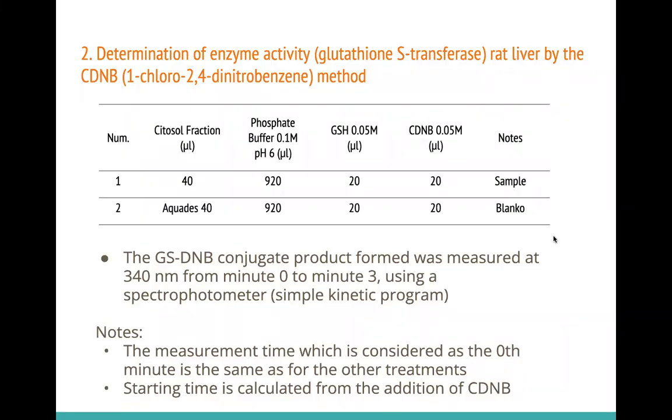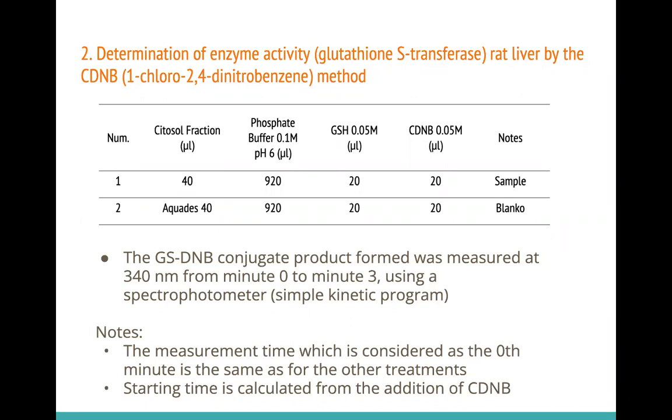So please make a note that the measurement time, which is considered as the 0 minute, is the same as in the other treatment. It means that after you mix all the reagents, the 0 minute is the time when you added the CDNB for the sample, and similarly for the blank.